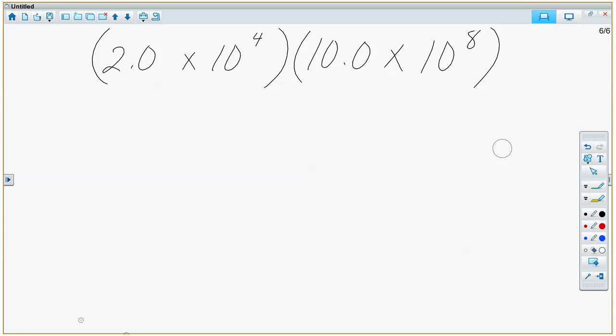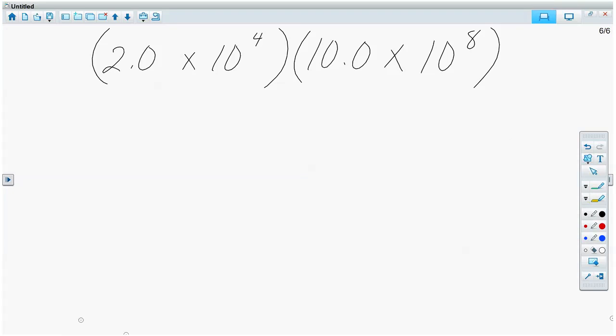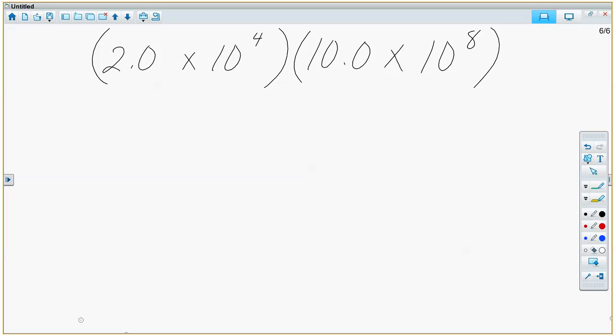It only takes you about 15 seconds to do this problem. What's 2 times 10? 20. And what's 10 to the 4th times 10 to the 8th? What's 4 plus 8?